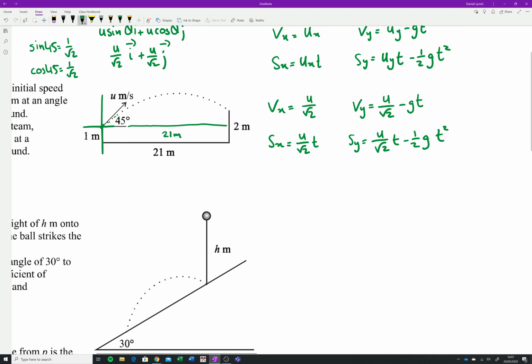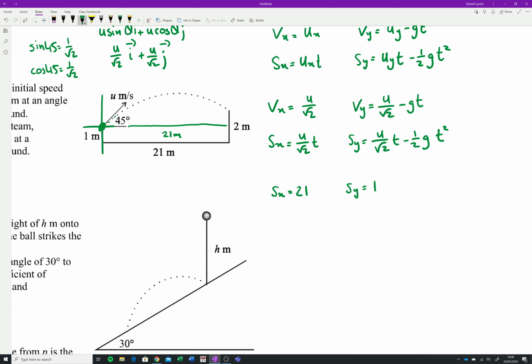We're going to say that, first of all, Sx, that's how far over it has gone on the x-axis, will be 21 meters, and Sy, the ball's height, will be 1 meter. That's assuming I've taken the initial point to be here on our x-axis, and there's no reason not to do that.